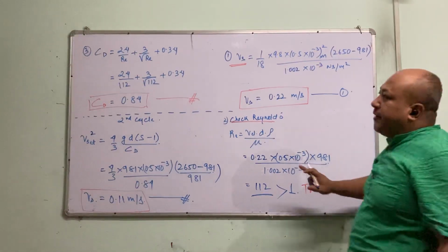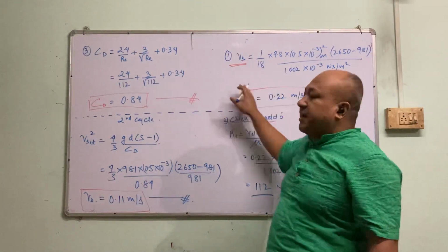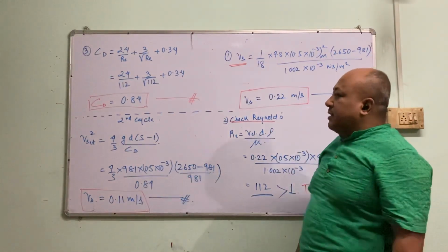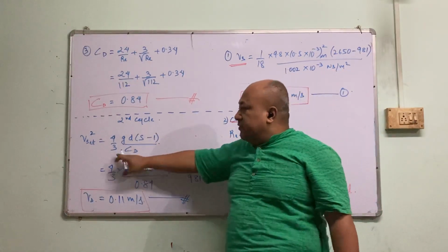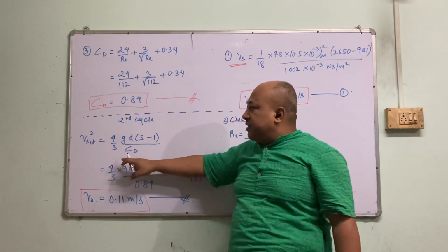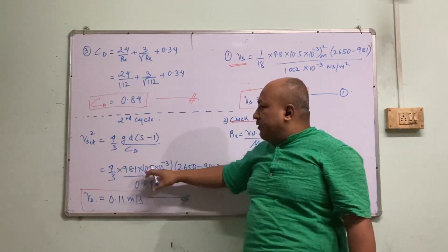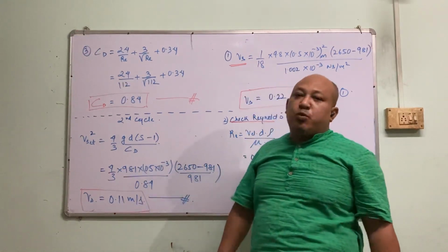Therefore, you have to find the CD, and CD is equal to 0.84. Here, the first cycle is over. And in the second cycle, we straight away use the terminal velocity formula we had derived yesterday. So using the CD value, the settling velocity happens to be 0.11 meter per second.